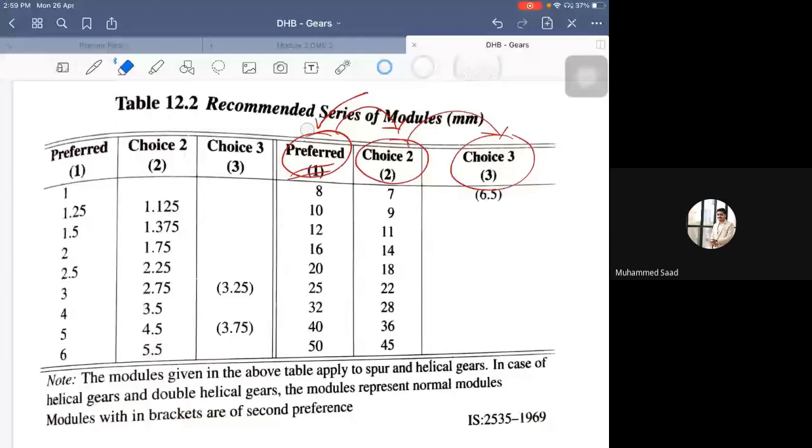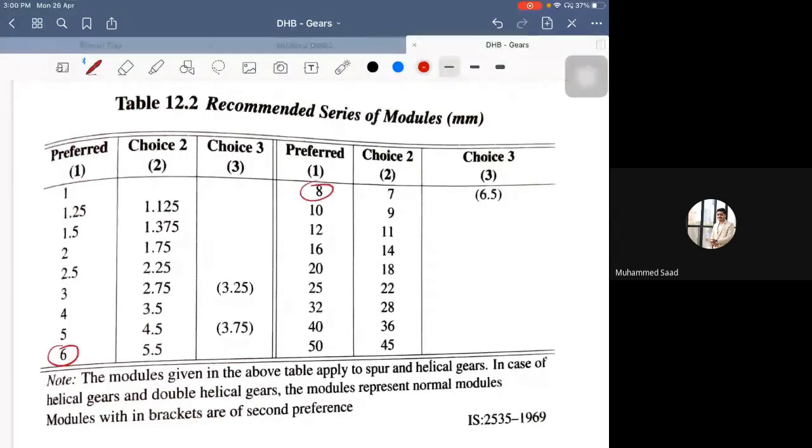In the preferred column, 6 is available and 8 is available. Which module should I take, 6 or 8? 8. Why 8? Why not 6? 8 is near to the value which we got. We should always take the larger number.